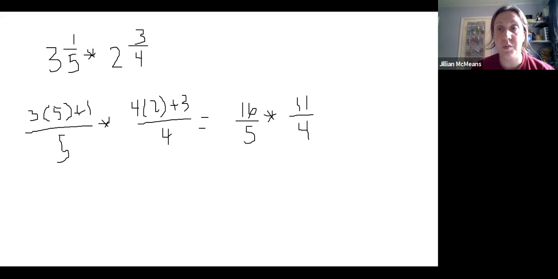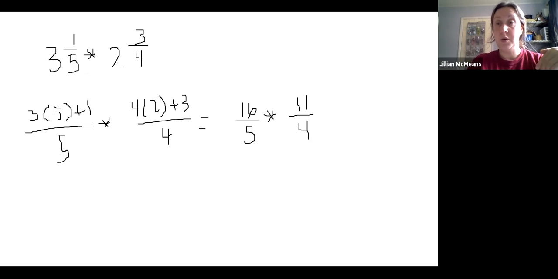Now we can follow the normal steps for multiplication. So 11 is prime. The only factors of 11 are 1 and 11. 11 does not go into 5. 11 does not go into 4. Let's look at the 16. Factors of 16 would be 16, 8, 2, 4. Okay? Well, 16, 8, 2, and 4 don't go into 5.